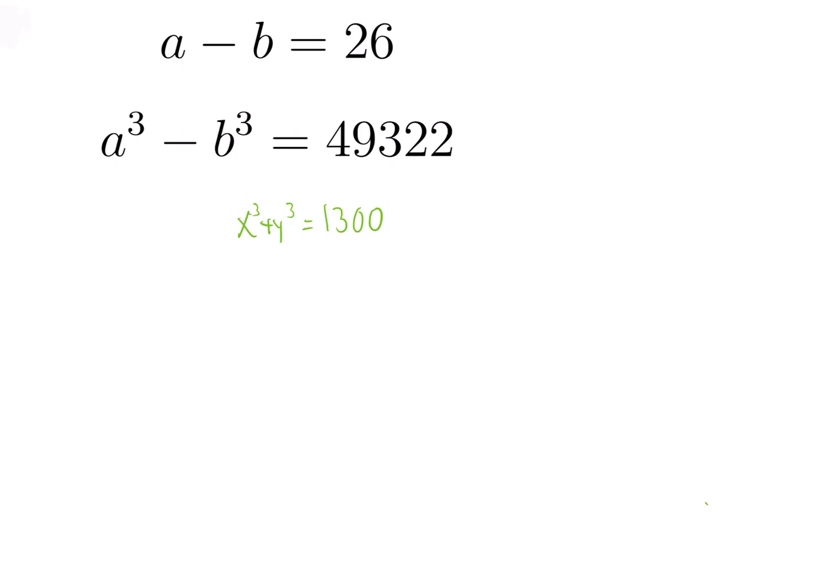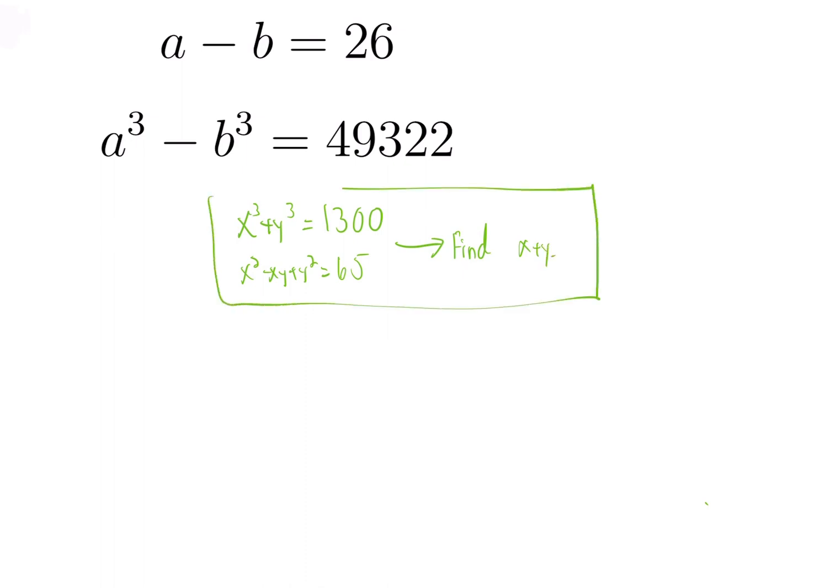Also, let's say that x squared minus xy plus y squared is 65. And assuming this was possible, you're trying to find x plus y. So this is the question, and I'll probably discuss it later in a different video.